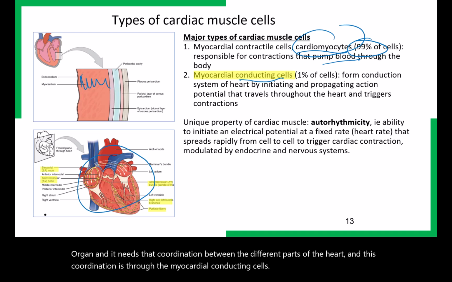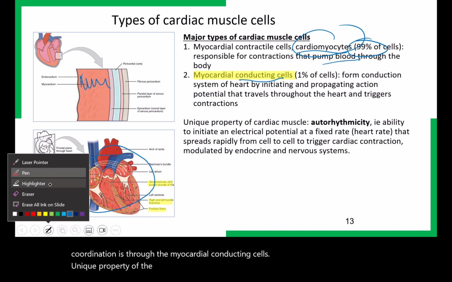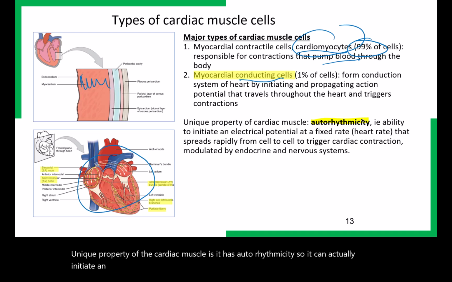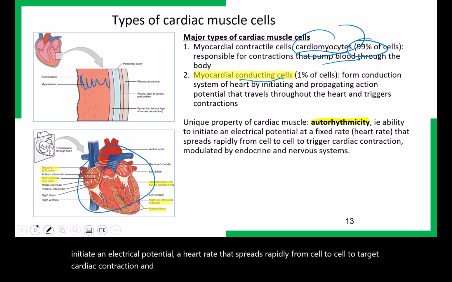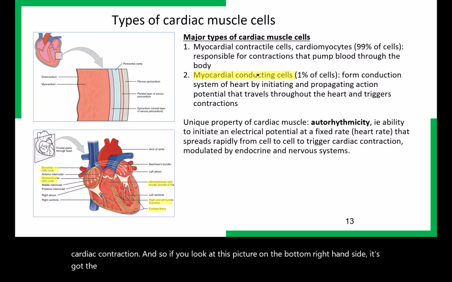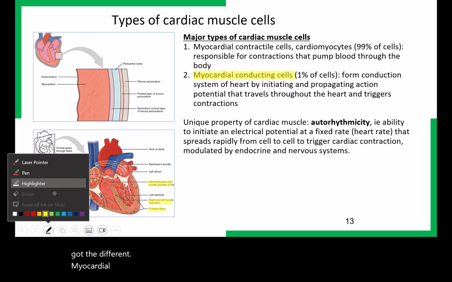A unique property of the cardiac muscle is that it has autorhythmicity. So it can initiate an electrical potential, a heart rate that spreads rapidly from cell to cell to target cardiac contraction. And if you look at this picture on the bottom right-hand side, it has the myocardial conducting cells highlighted there.